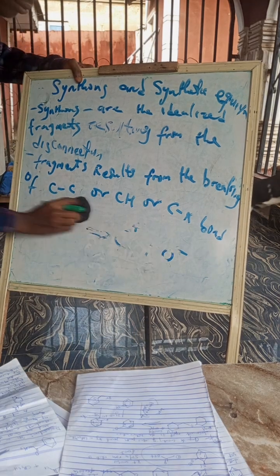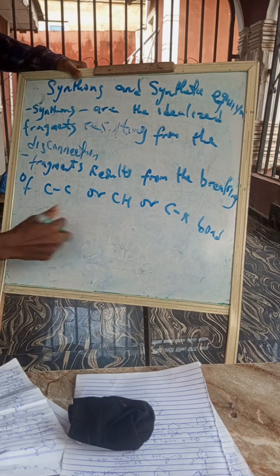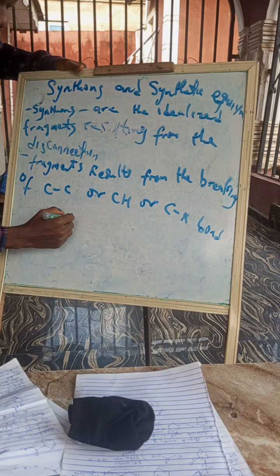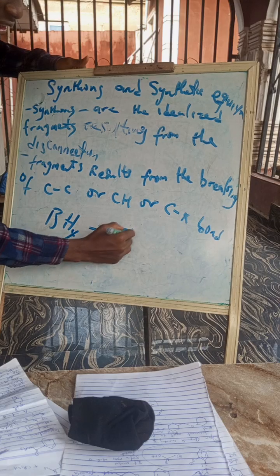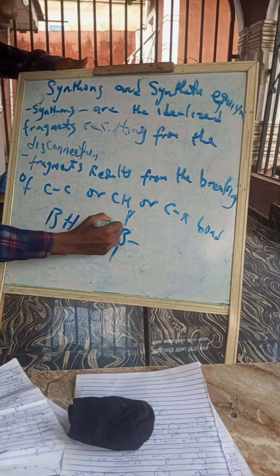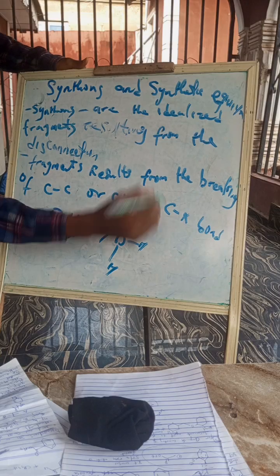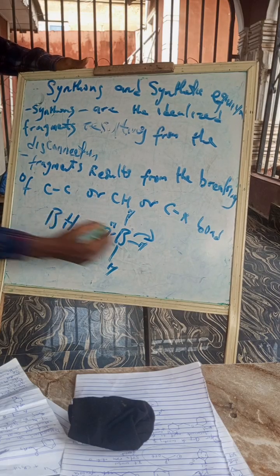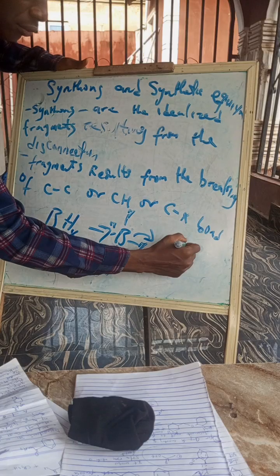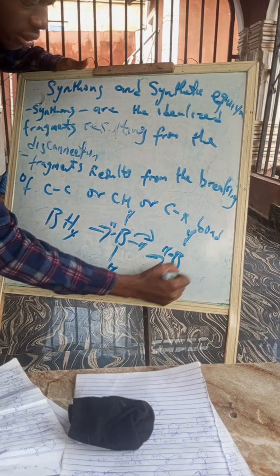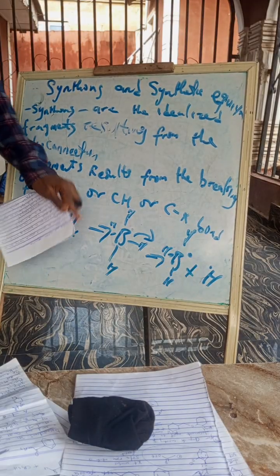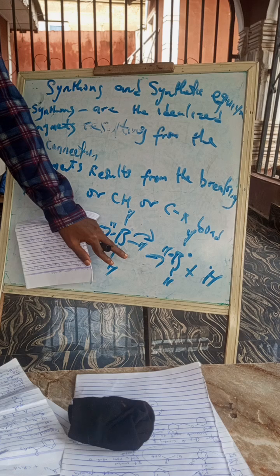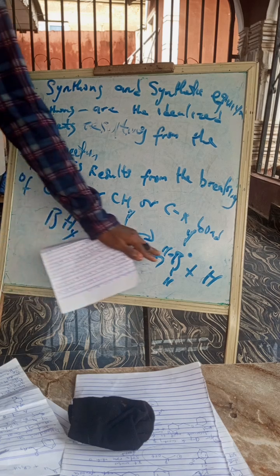For example, when we talk about BH4, when there is a cleavage, we end up having BH3 and H, where the bond has been broken successfully, so we have radicals.